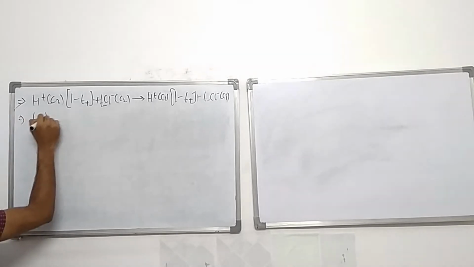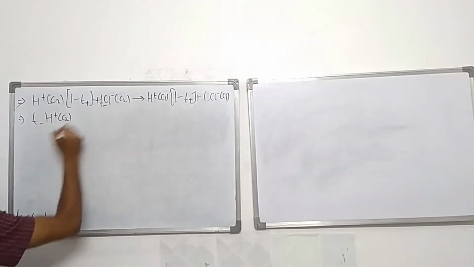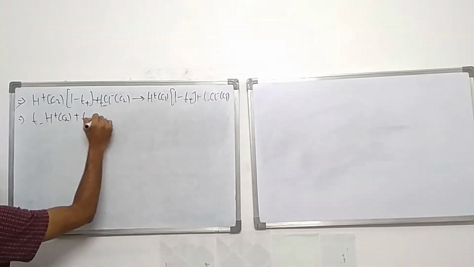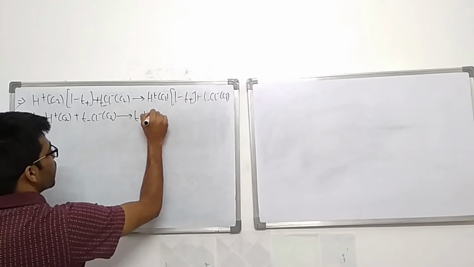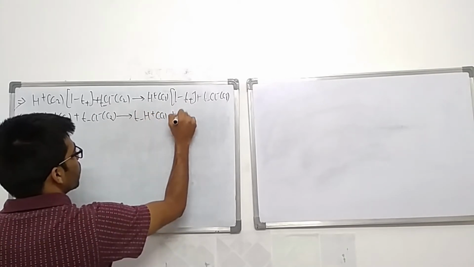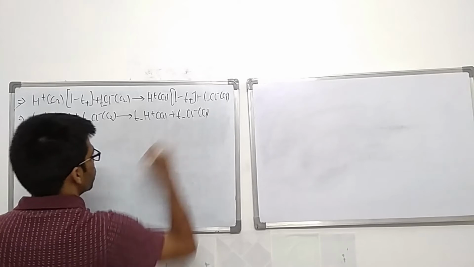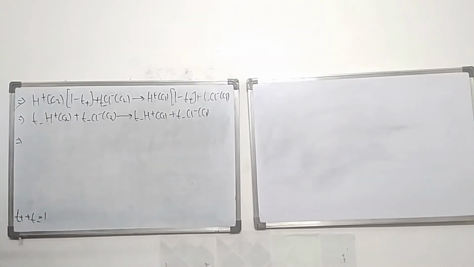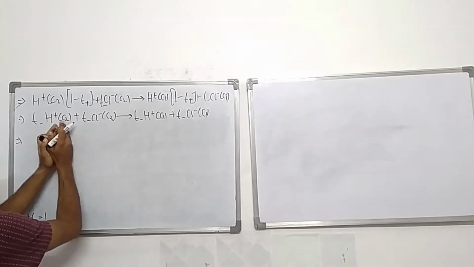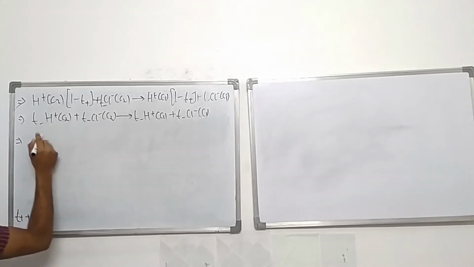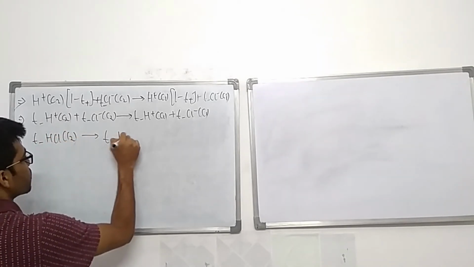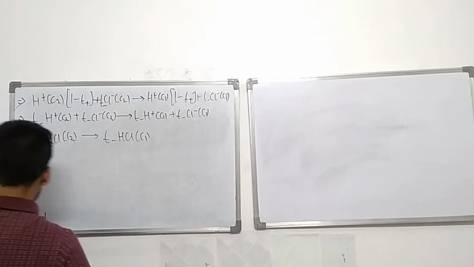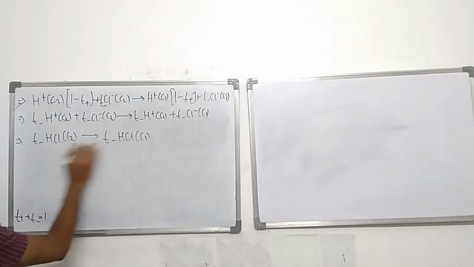So I get T minus H plus C2 gives T minus Cl minus C2. Same thing here, I will get T minus H plus C1 plus T minus Cl minus C1. Now, both are T minus, both are same concentration, and so we can write T minus HCl C2 gives T minus HCl C1. So this is all about coming to the final cell reaction.